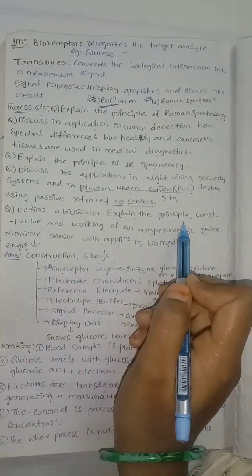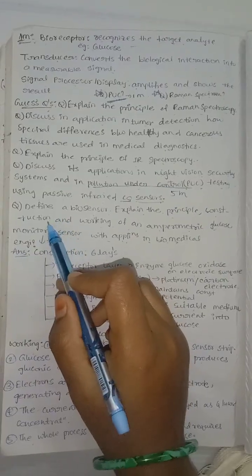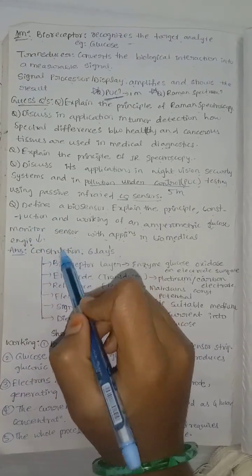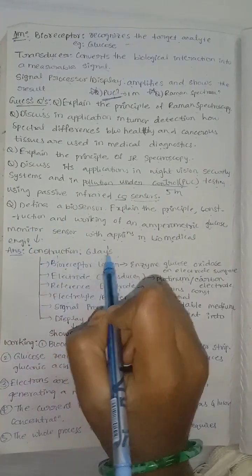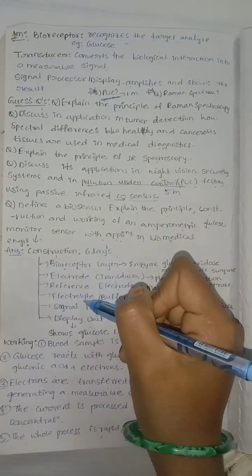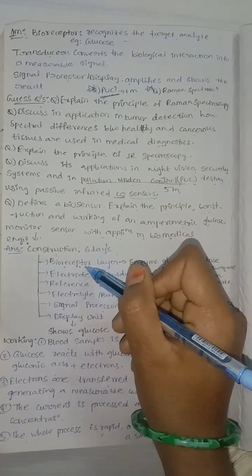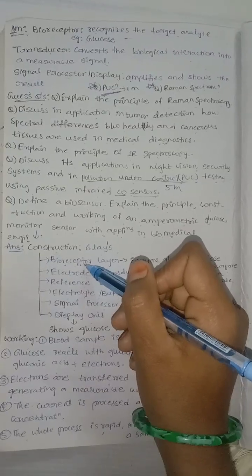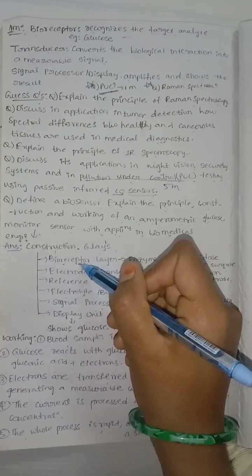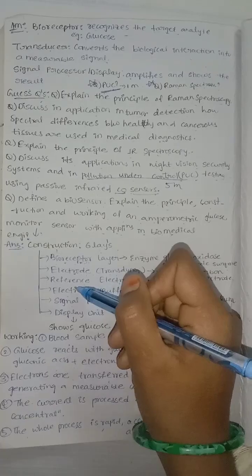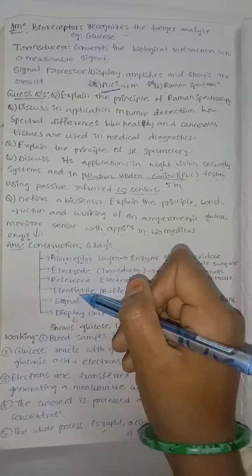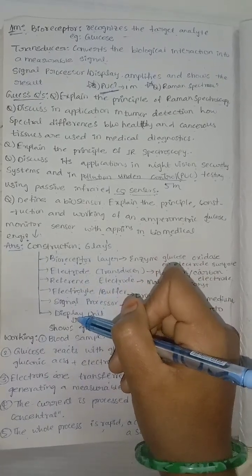Biosensors and principle I explained earlier in the video. Construction: it consists of 6 layers. First layer, bioreceptors are the recognizers for targeting and analyzing glucose. Then electrode, reference, electrolyte, signal, display unit.